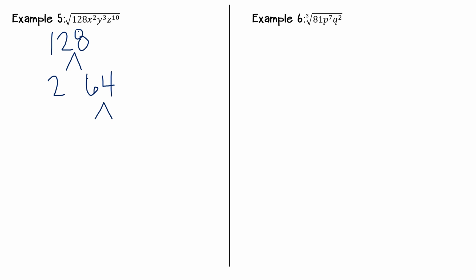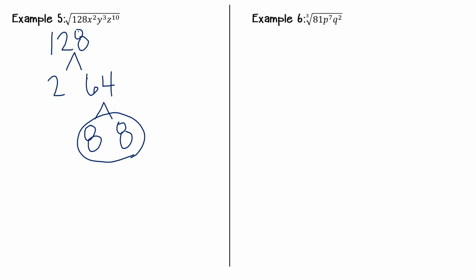I said this earlier, but if you can recognize when a number is a perfect square, especially for a square root problem, then you can find a pair and circle it and be done with your factor tree. So if I know that 64 is 8 times 8, then that's a pair and I don't have to go any further with my factor tree.